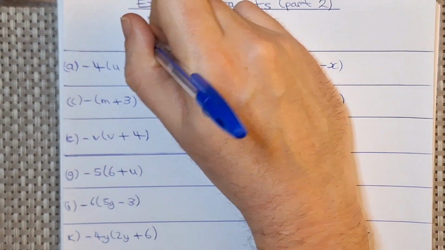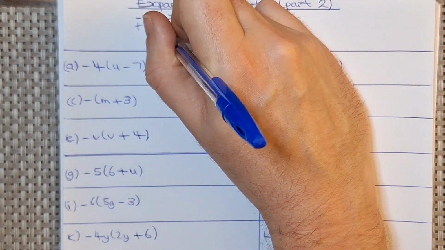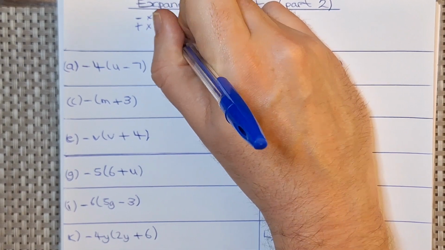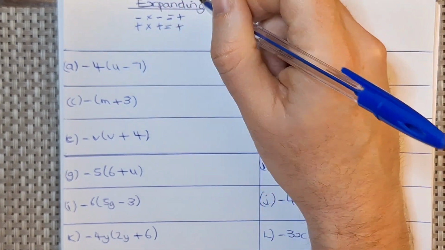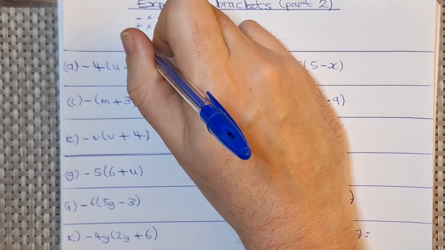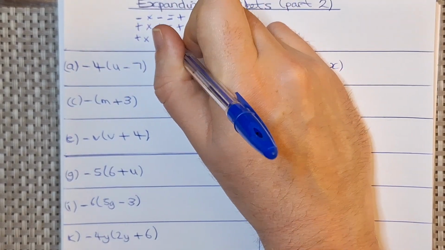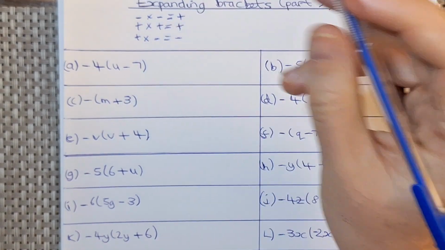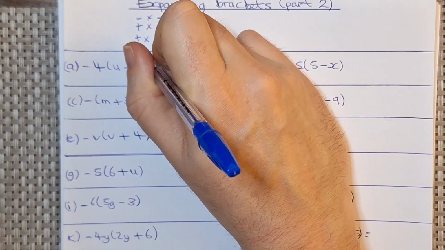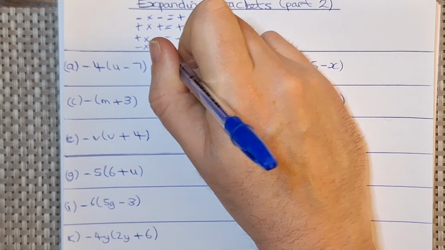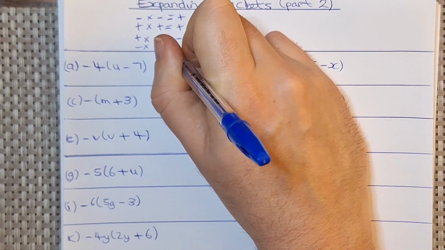A positive times a positive gives a positive. A positive times a negative gives a negative number, and a negative times a positive is also a negative number.